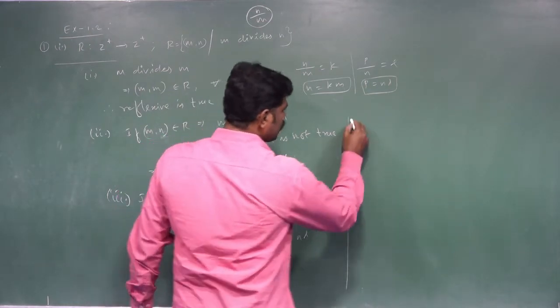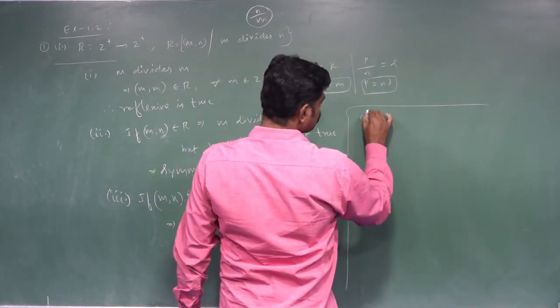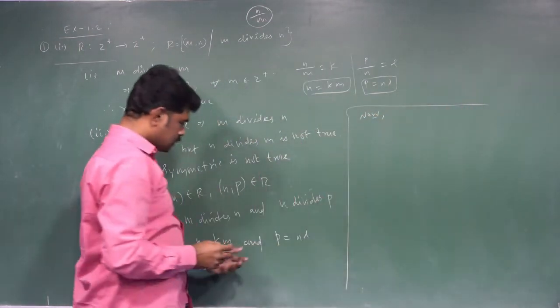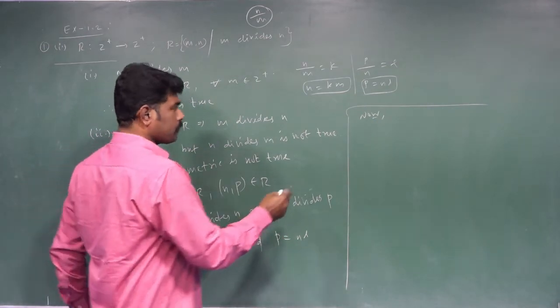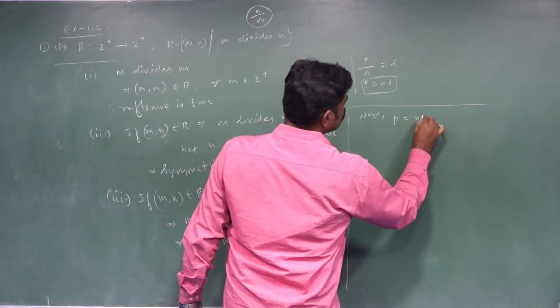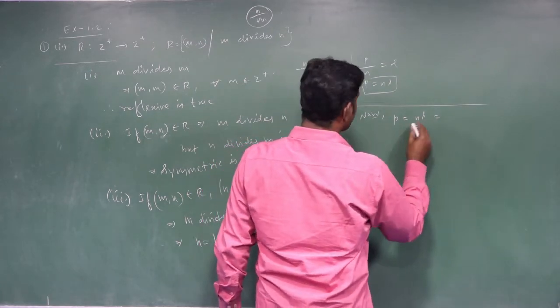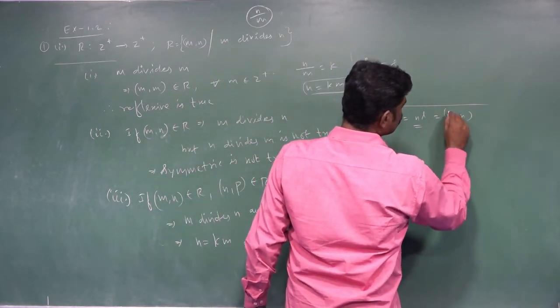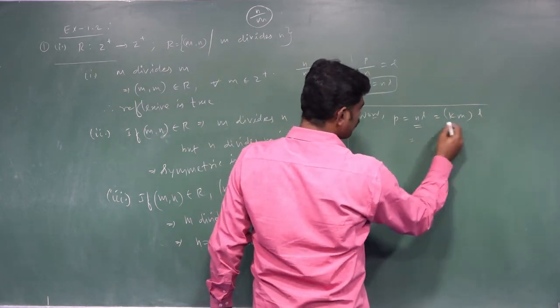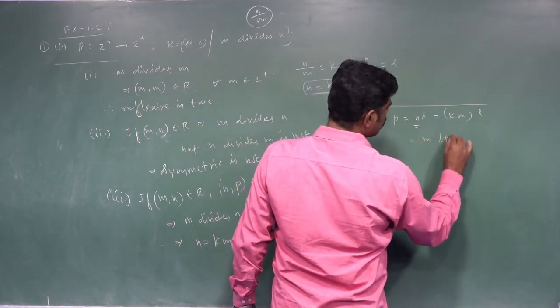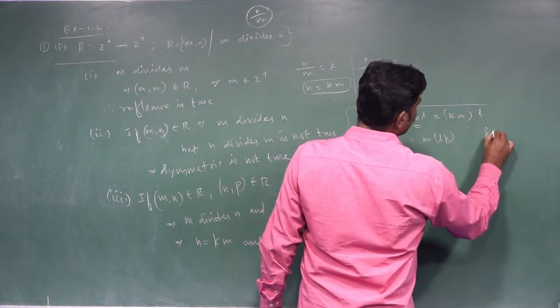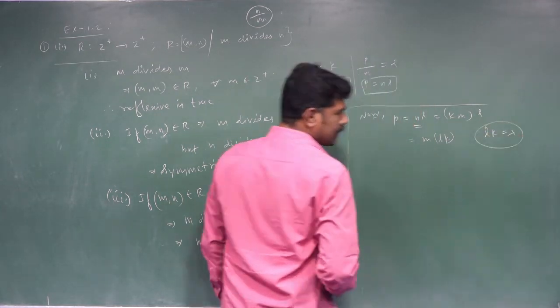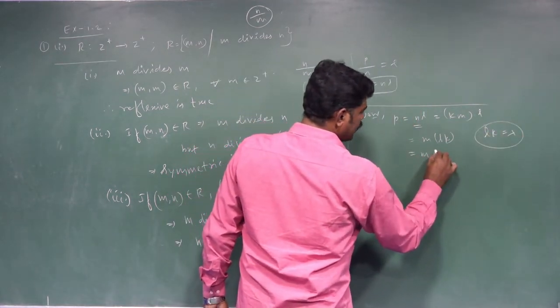So here we have n is equal to k into m and p is equal to n into l. Now take the value p. P is equal to n into l. We can replace n with k into m into l. Taking m outside, the remaining part is l into k. That value l into k we take as lambda. Now p is m into lambda.